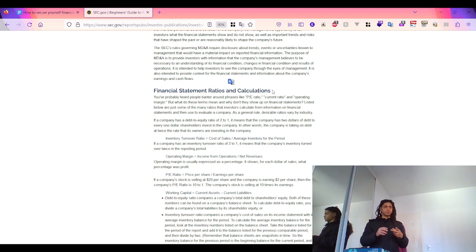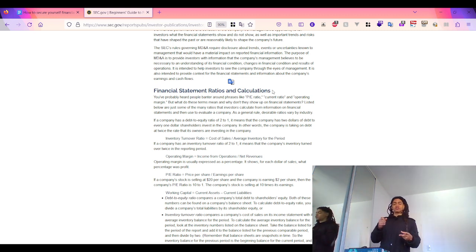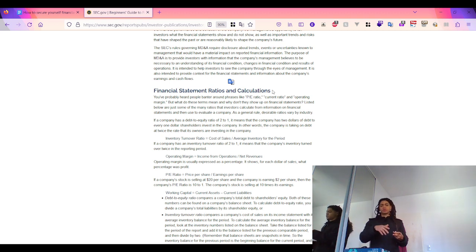For example, accrued expenses are goods or services that have been received but not yet paid for, such as rent, administrative salaries, as well as taxes and utility bills.